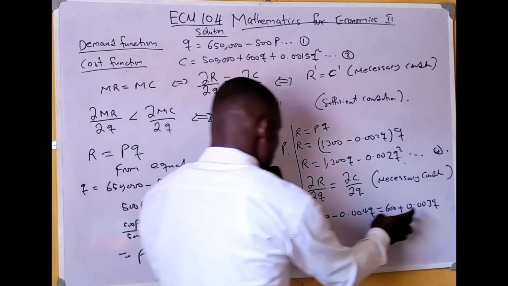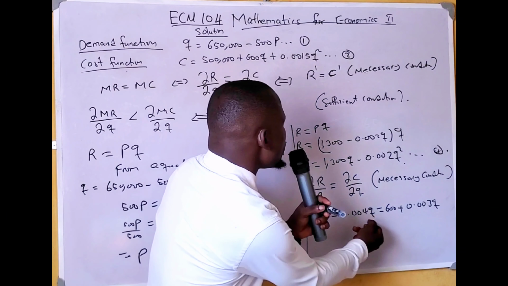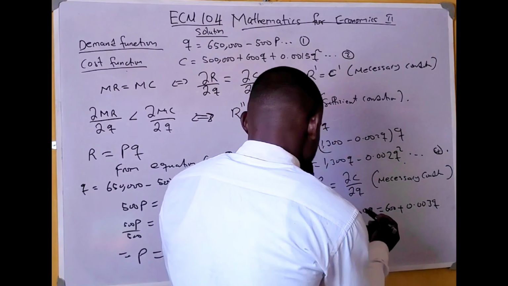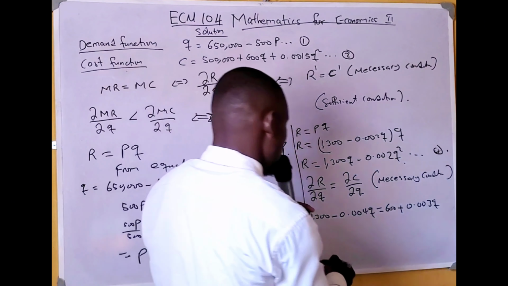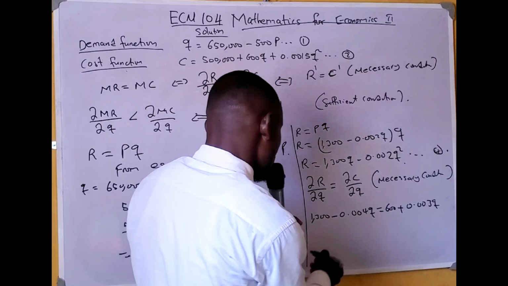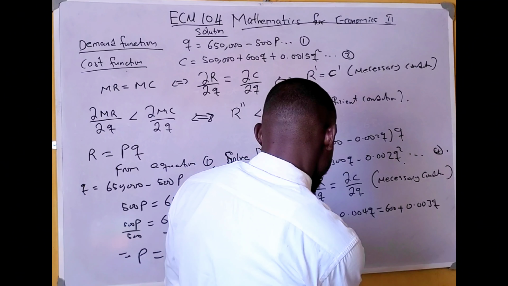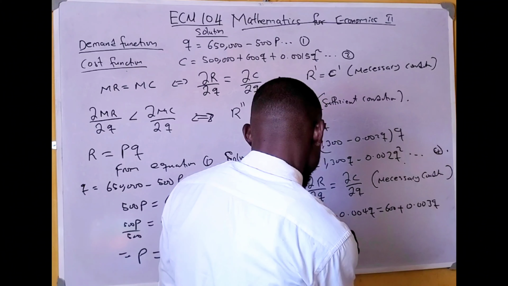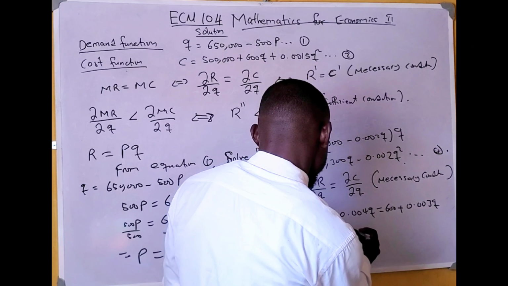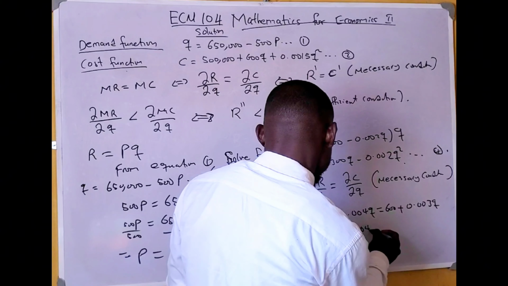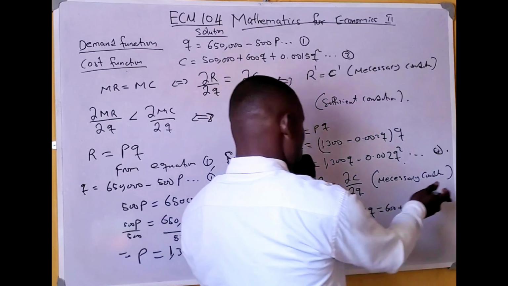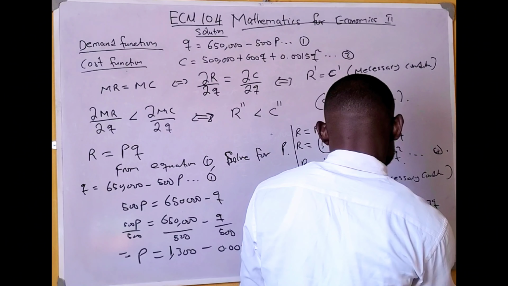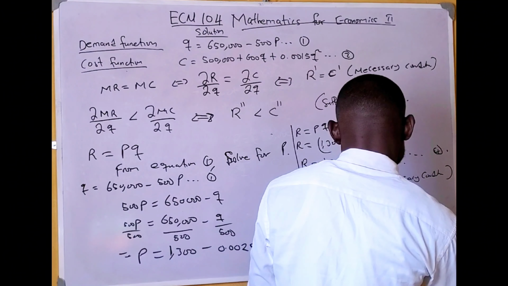Now from here, we take Q as the subject of the formula. So we collect the like terms. In essence, take Q to one side and take the figures to the other side. By so doing, we have 0.003Q plus 0.004Q equals 1,300 minus 600.